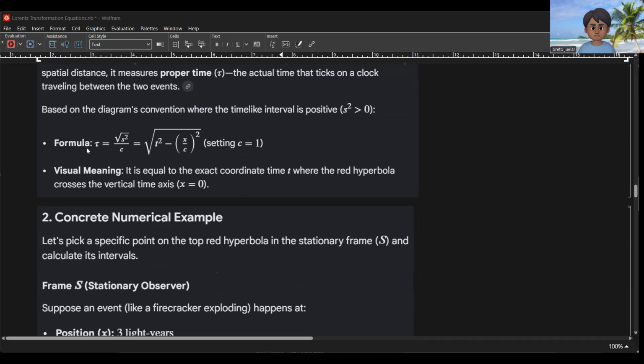The proper time is equal to the square root of s squared over c, which is the square root of c squared t squared minus x squared, over c. Setting c equal to 1, visually it is equal to the exact coordinate time t where the red hyperbola crosses the vertical time axis, x equal to 0.